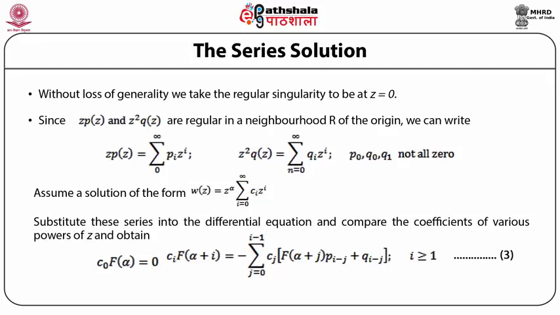Another recurrence relation is given by c_i times capital F of alpha plus i is equal to minus the summation over j going from 0 to i minus 1 of c_j multiplied by, within the brackets, F of alpha plus j times p_(i minus j) plus q_(i minus j), where i is greater than or equal to 1.